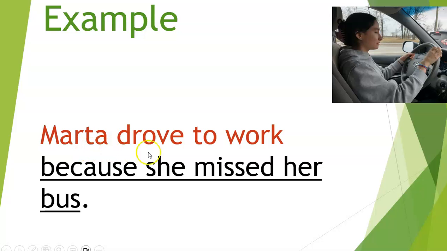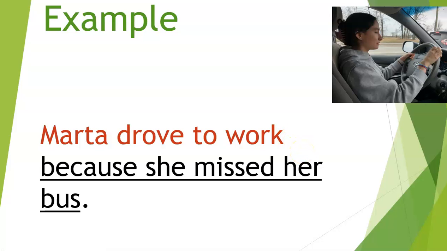The independent clause means it's an actual sentence that can be by itself. In other words, this alone is a sentence. This clause is dependent. It cannot be by itself. A clause like this must be connected to an independent clause.